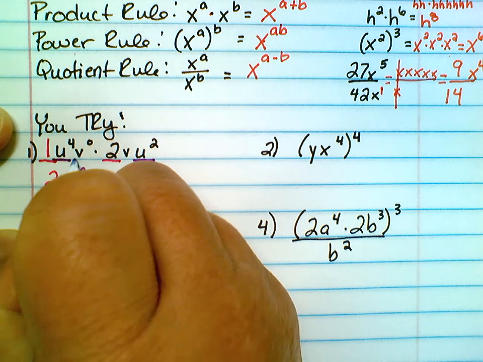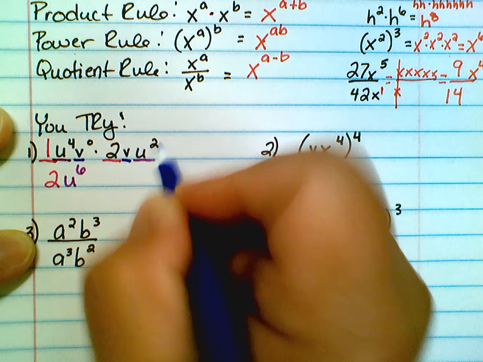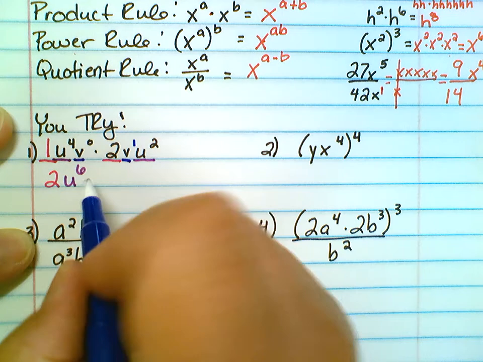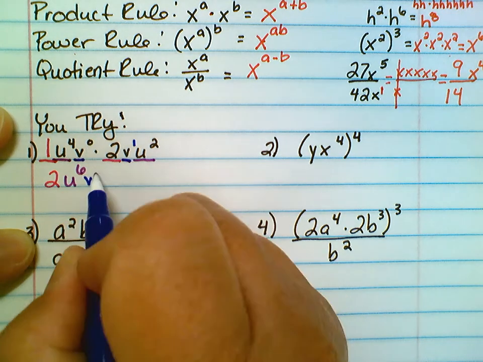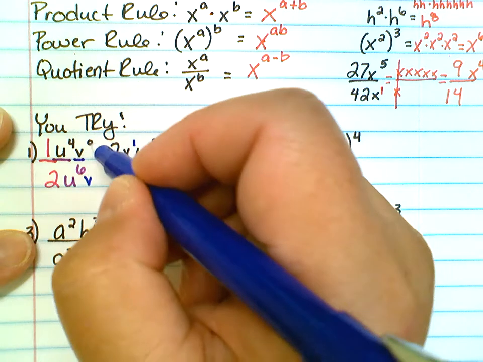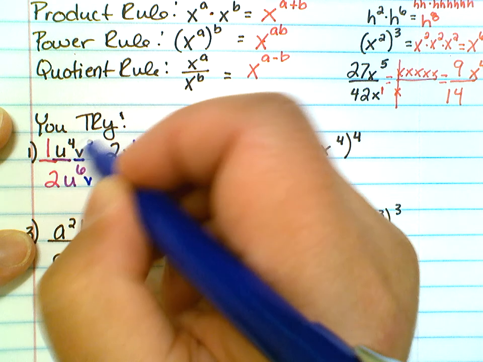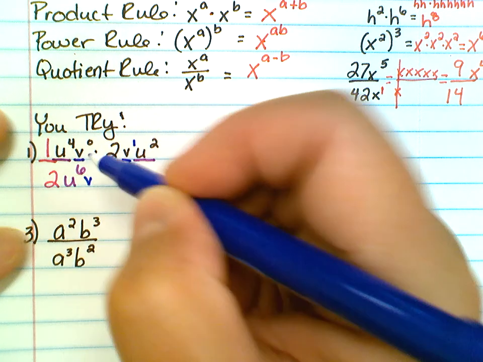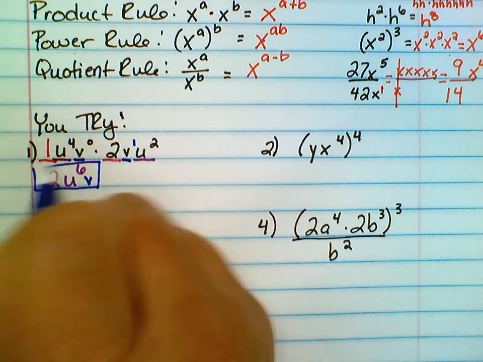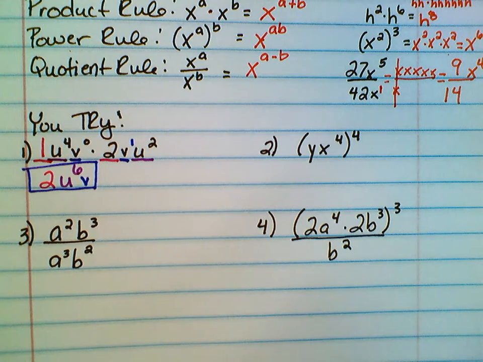And then the same here, I have v to the 0, v to the first. So I can add those together. 0 plus 1 is 1. You can write the 1 or not write the 1. And you may or may not remember anything to the 0 power is 1. So this one really is kind of not there. But here is our answer to that one.